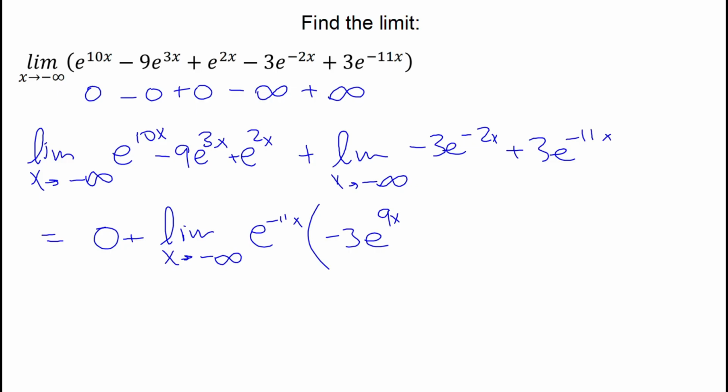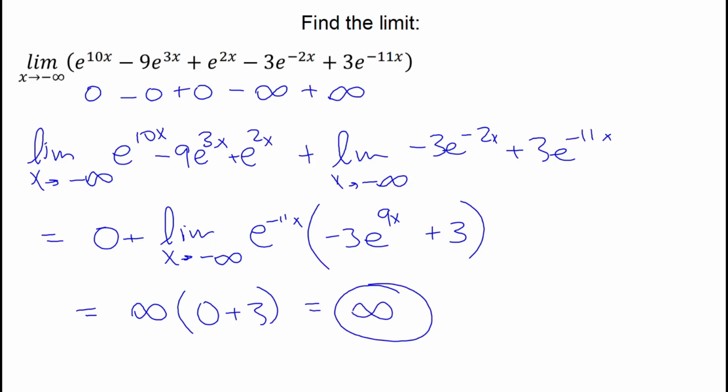And then we also end up here with just a plus 3, if I factored out e to the negative 11x. So now this is equal to, well, e to the negative 11 times negative infinity is just e to the infinity, or infinity, times negative 3 times e to the negative infinity is just 0 plus 3. And, well, 3 times infinity is just infinity.